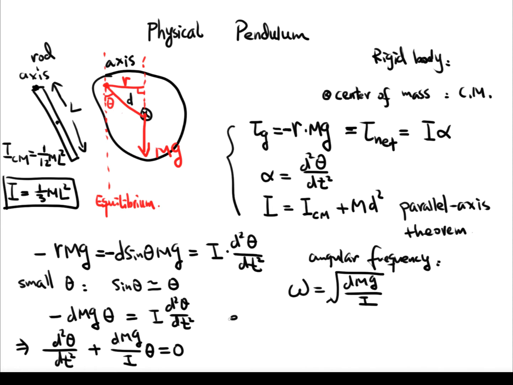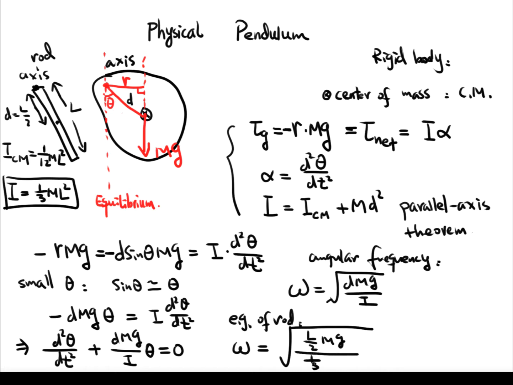Let's look at this example of the rod. Then omega equals the square root of... Suppose the mass distribution is uniform, so d is L/2. So we have L/2 times m g divided by 1/3 m L squared. That gives us the square root of 3g over 2L.